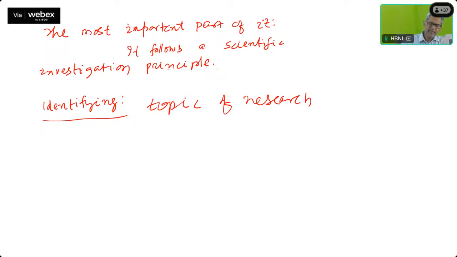Then the second ingredient, as per our definition, is select. When you are doing research to solve a problem, you need evidence.